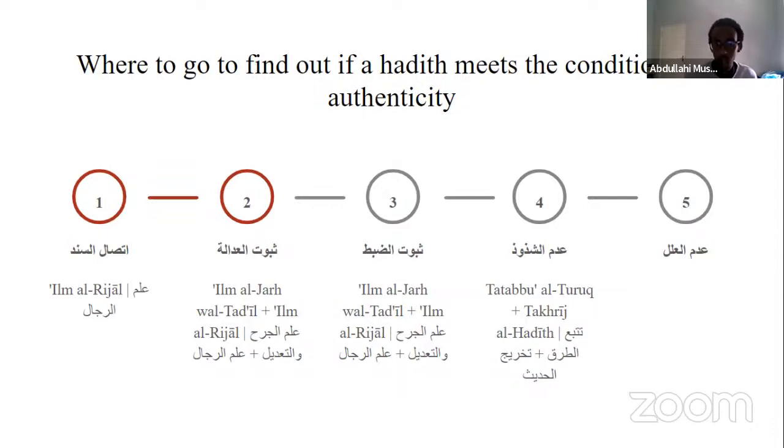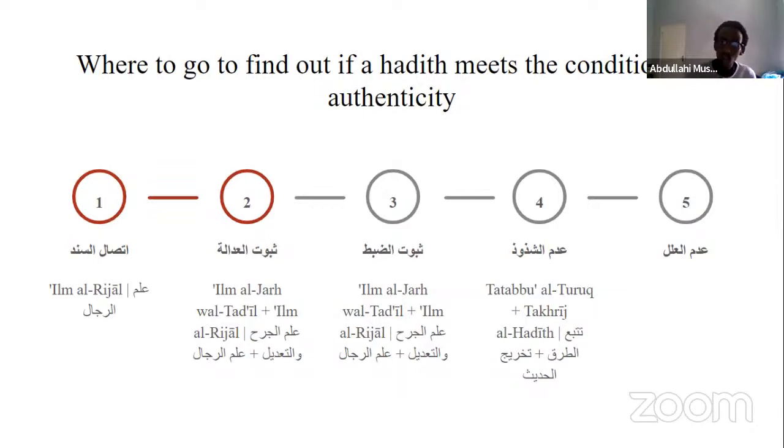Or sometimes you might get other descriptions like kadhab, that this person persistently used to lie. For thubut al-adala, we go to ilm al-jarh wa ta'dil and ilm al-rijal. And I'll give you a brief example in a short while, inshallah.